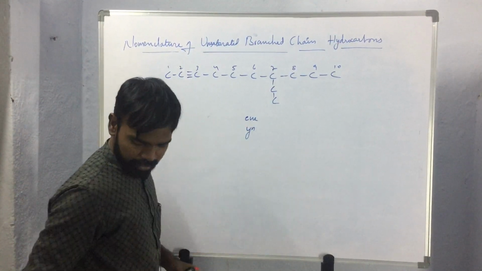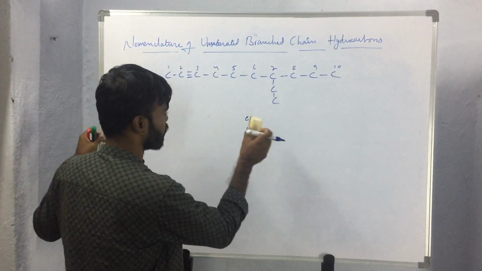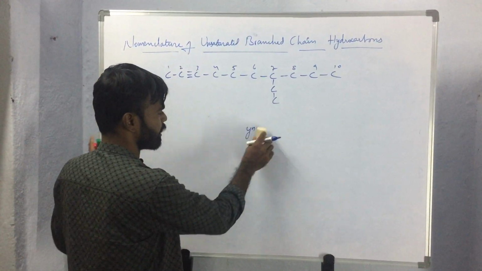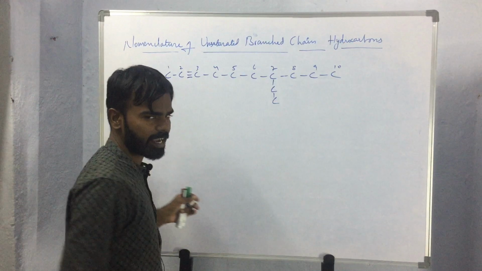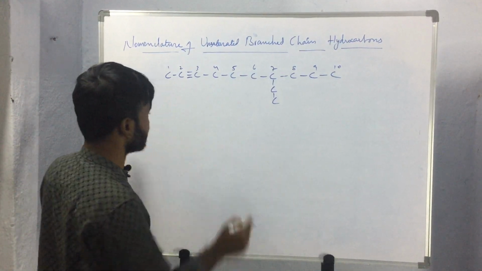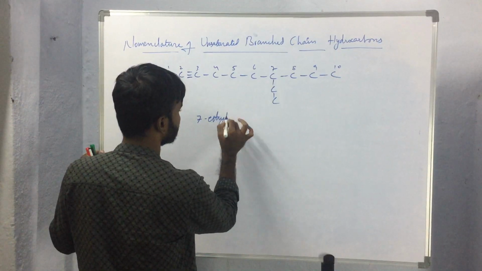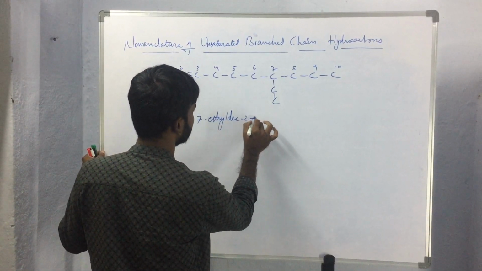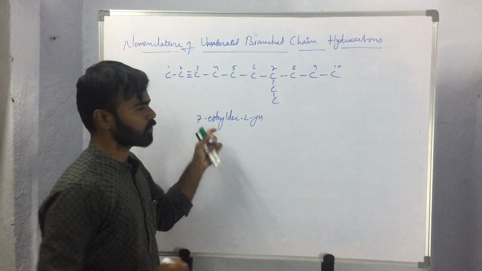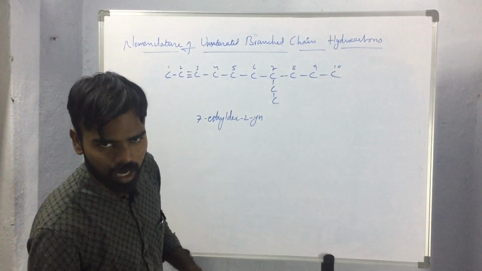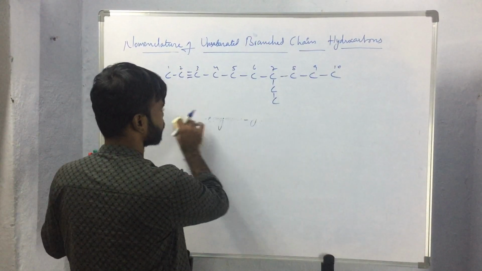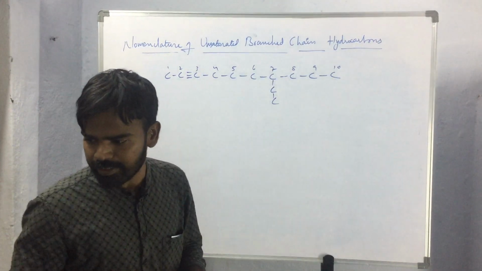So there, instead of writing "ene", we will write "yne": dec-2-yne, because it is an alkyne. So the name of the compound will be 7-ethyldec-2-yne. So this will be the name of the compound. Now we will see another example.